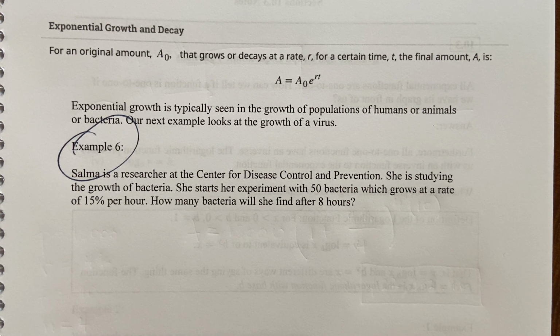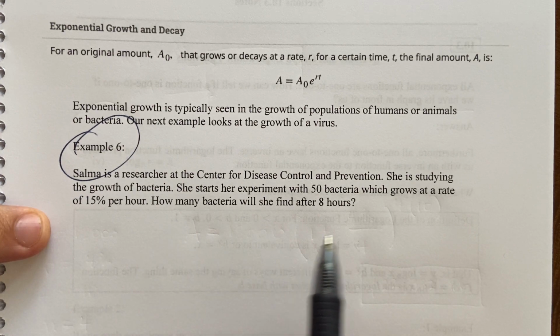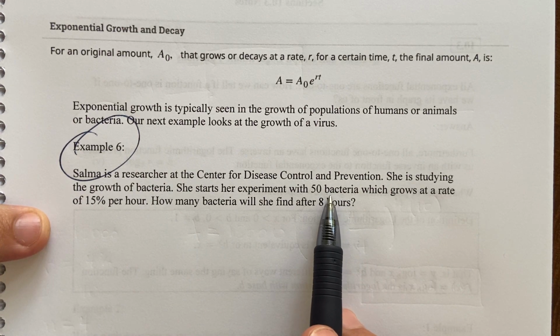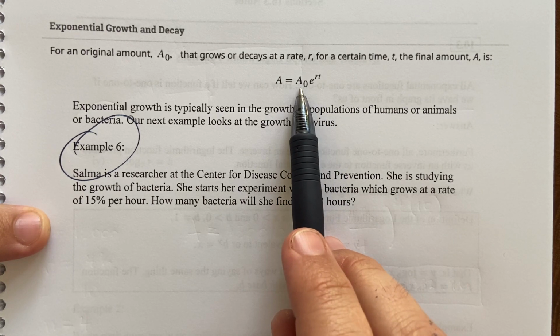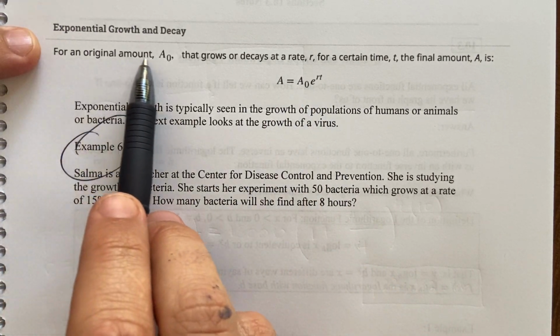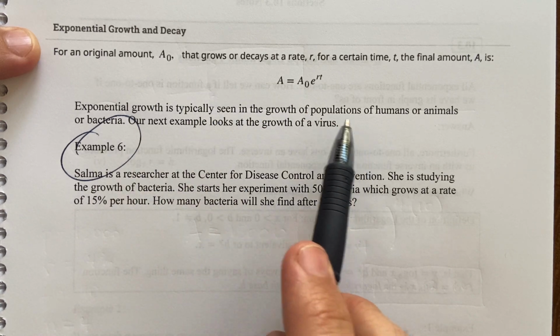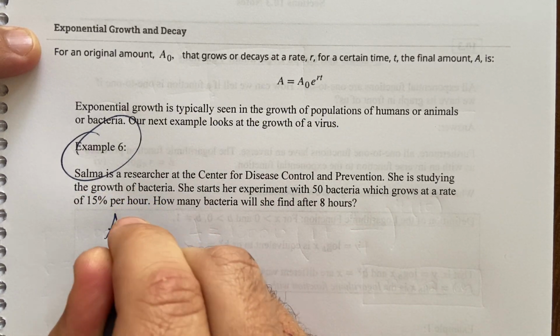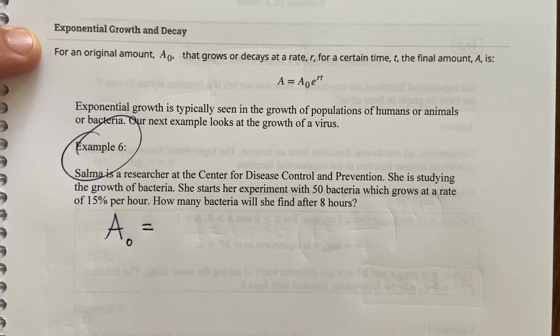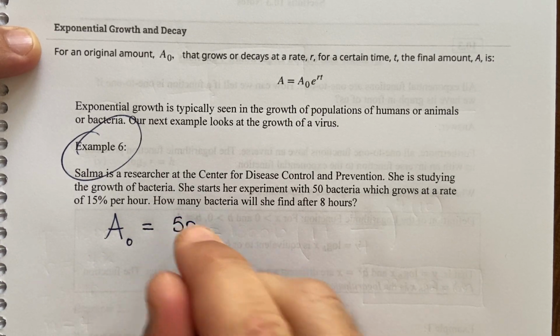Okay. So we have 50 bacteria at the beginning. So this will be this thing here. So the original amount A sub 0, so that 50 goes in here. So A sub 0, sometimes called A naught, or the initial amount, would be 50.